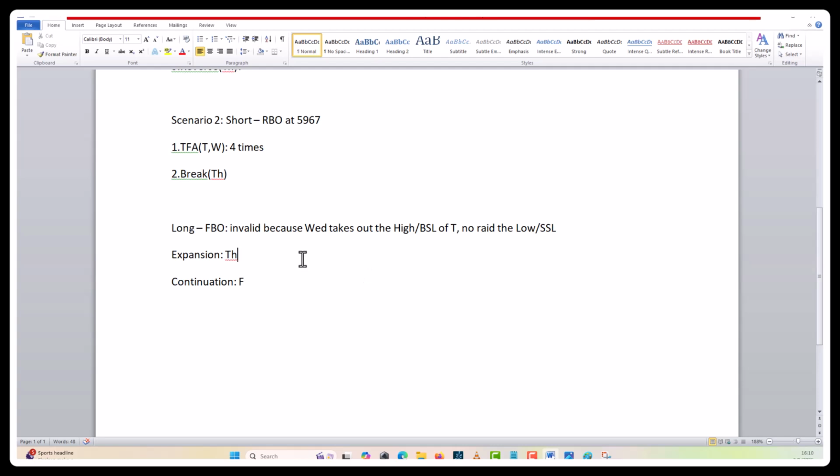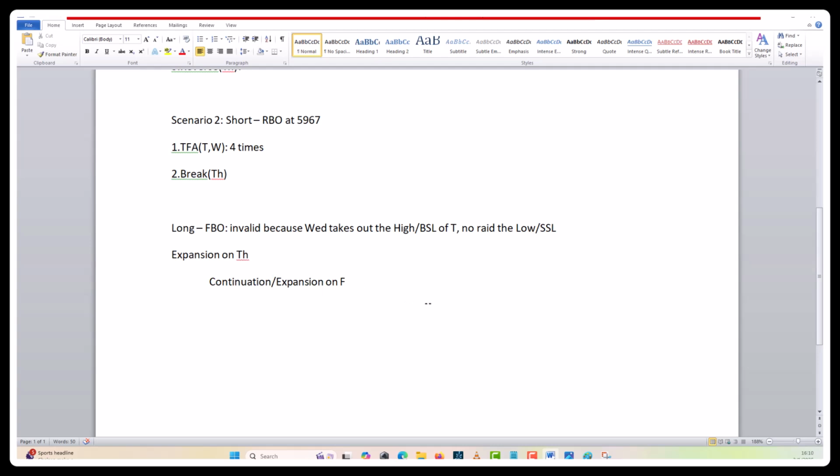So when we go into Friday, after the Thursday we have two scenarios for Friday. It's going to be a continuation, which is the expansion move, or expansion on Friday.